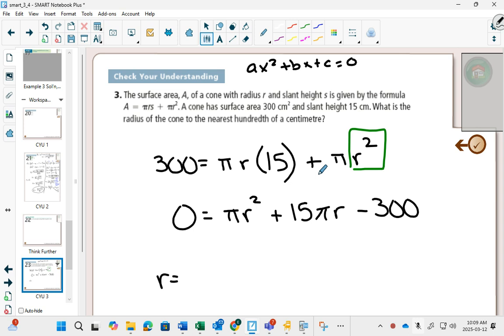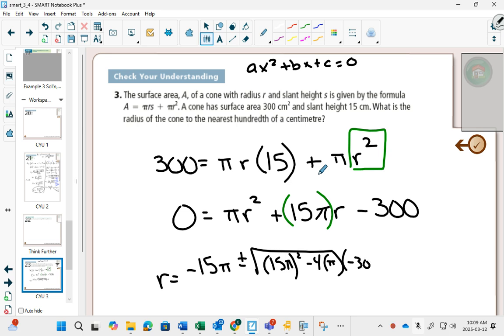So I go r equals negative b. Can you see this is your b value? So negative 15 pi plus or minus the square root of 15 pi squared minus 4 times a, which is pi, times c, which is negative 300, all over 2a. Okay.